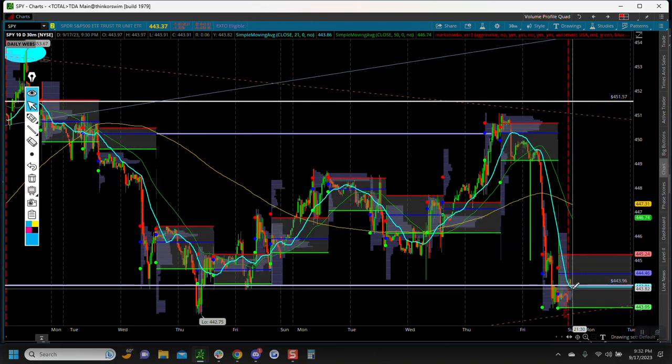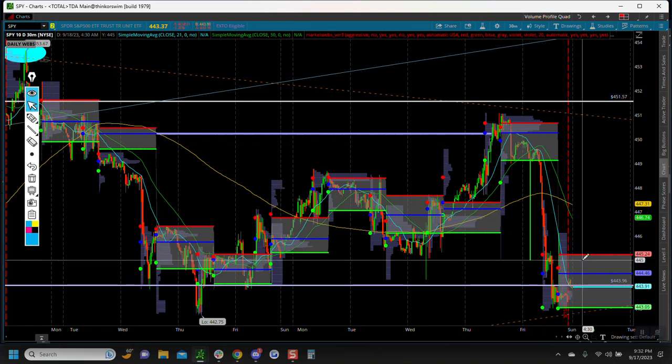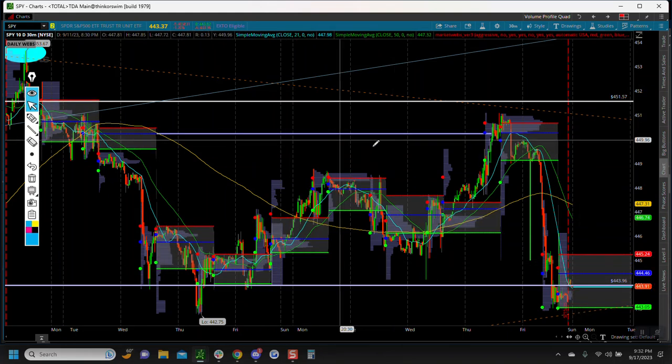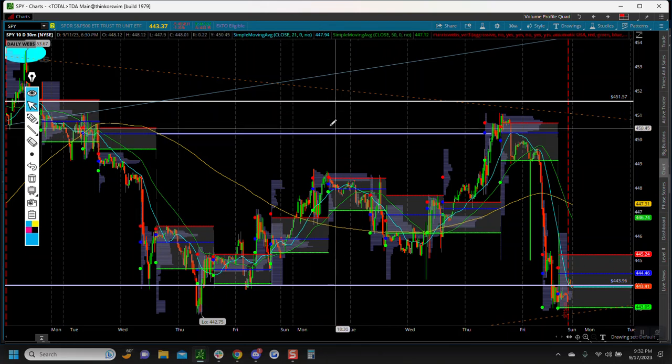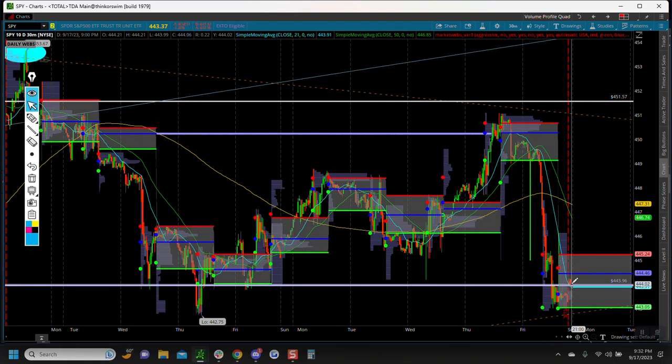Because even if we cross this at any point in tomorrow's session, then that's this purple line, untested volume point, that's all going to be taken out early on tomorrow's session. So that's definitely something to keep on watch here.